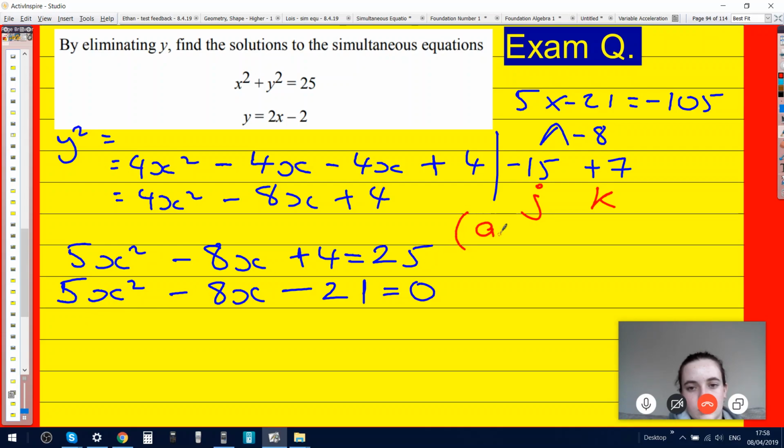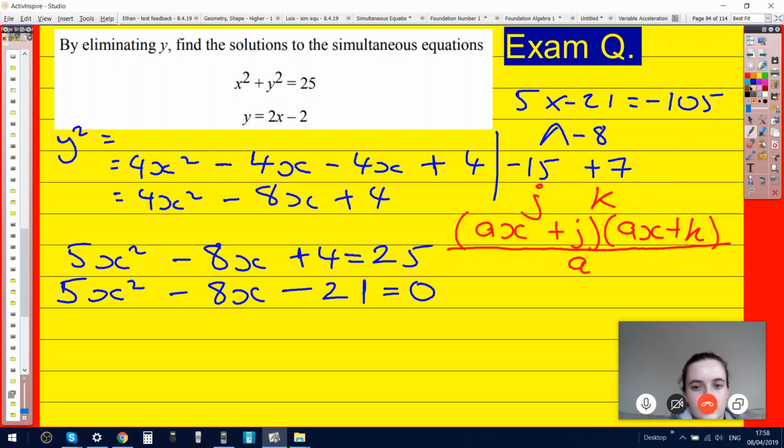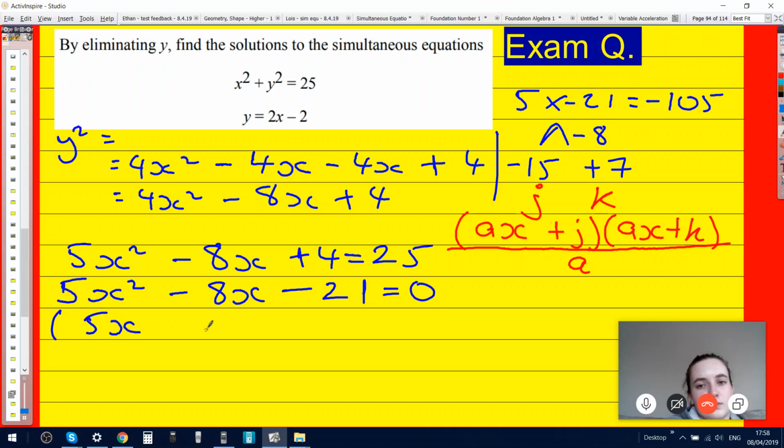Oh wait, x minus 15. You put it into a bracket like this. So what is a? 5. Yeah. So what are the brackets? 5x minus 15, and 5x plus 7, over?